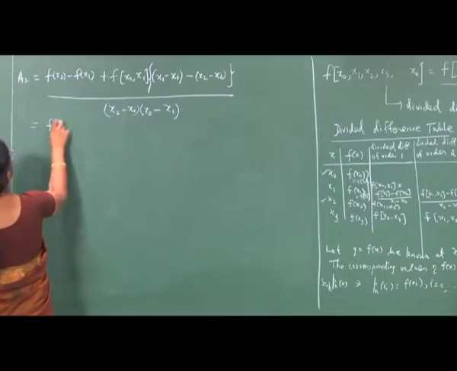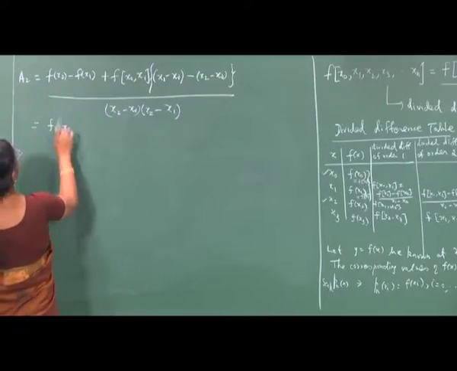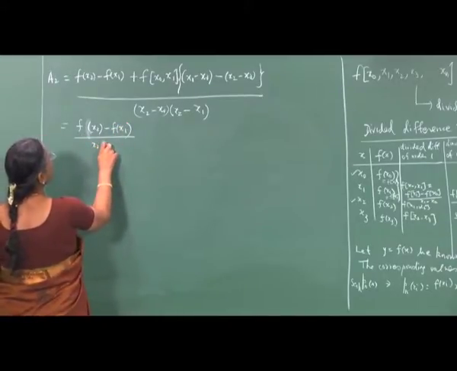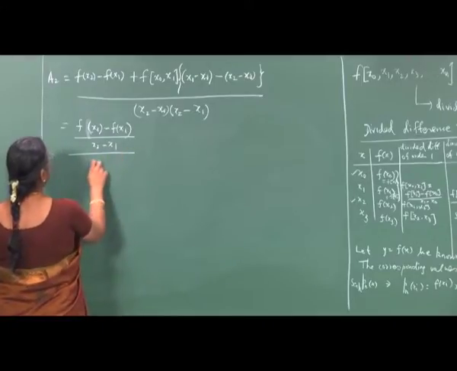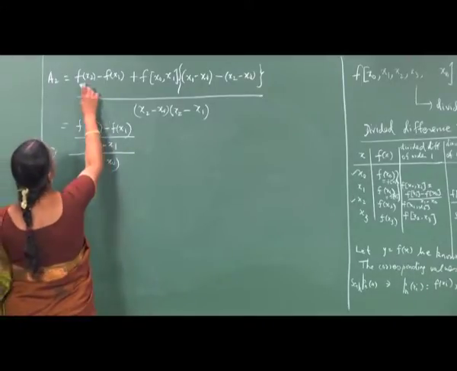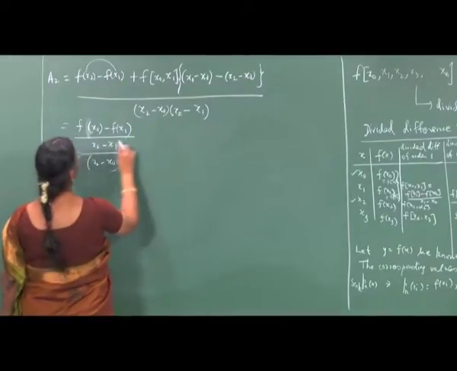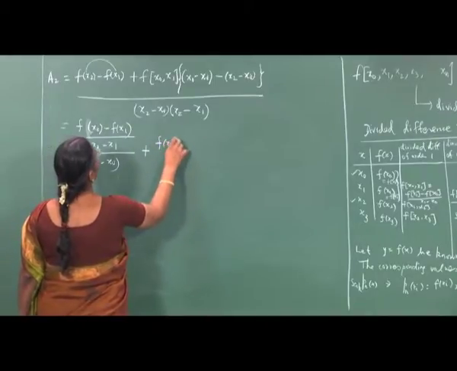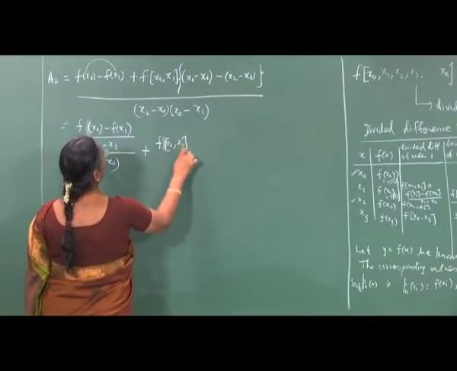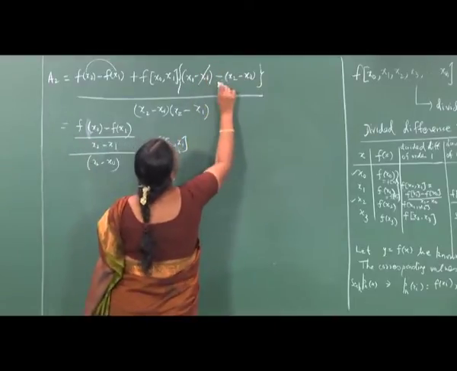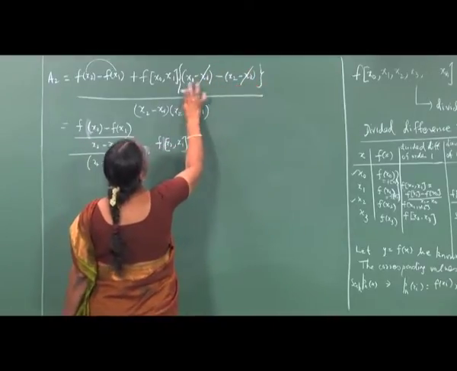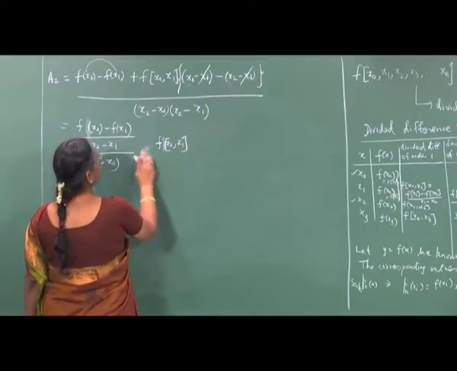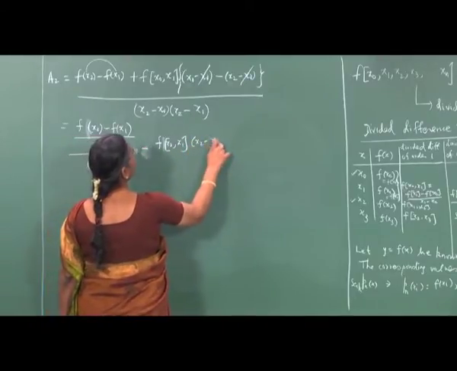So, we write this as f of x2 minus f of x1 by x2 minus x1, by x2 minus x0. So, I take these two terms by the denominator and put it in this way. So, I am left with plus f of x0 x1 into, so I have a minus x0 plus x0 and I am left with x1 minus x2. So, I shall write that as minus x2 minus x1.